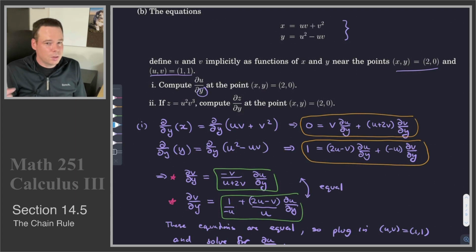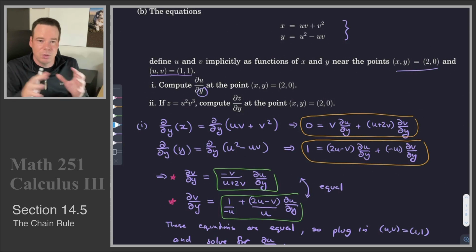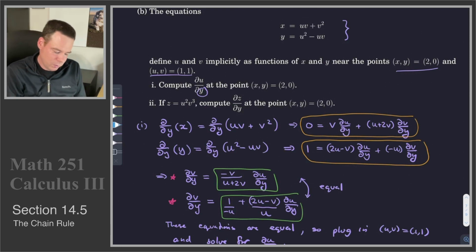And that's not a surprise here, because the idea with derivatives, differentiation, calculus in general, is to take curvy things and make them straight, or to take nonlinear things and approximate them by linear things. And so what we've done here in taking our derivatives is we've taken expressions for x's and y's that are mixed up involving the u's and v's, and we've extracted from that, using the derivative, some linear relationship between their derivatives. And we then used techniques for solving linear equations to solve for those derivatives.